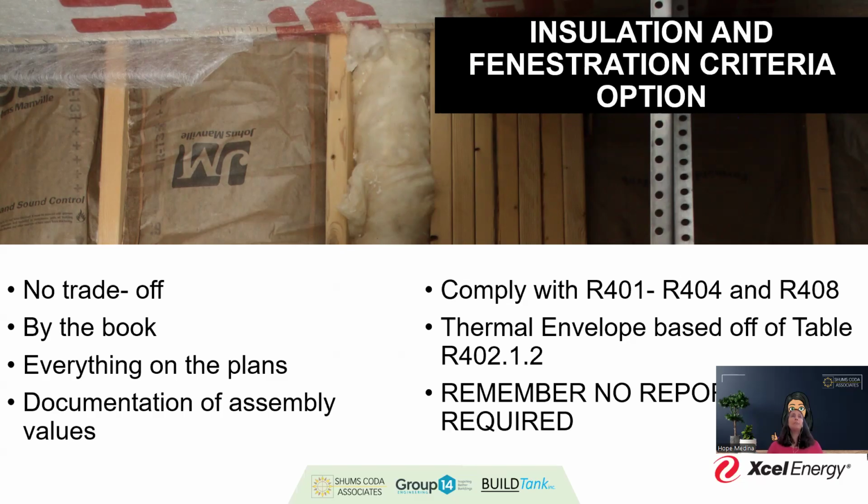The only type of quote unquote report that you would need to provide for this is really documentation of what the assembly values are and where you got those assembly values. Now, a really good option, and I believe it's even called out within the IECC now for the U factor, is you can go into ASHRAE 90.1 Appendix A, and that will contain some of the assembly values, so you could be able to pluck those ones out. Those are already deemed to comply numbers that you could very easily accept.